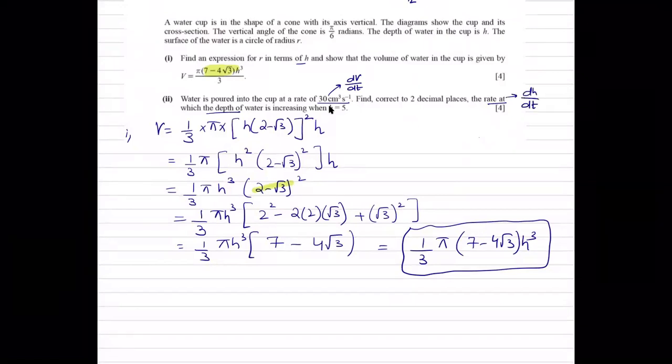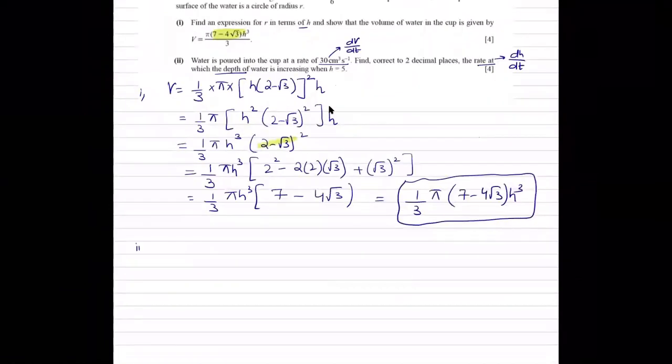So you can think of a rule. To find dh by dt, you must have dh by dv times dv by dt. We do have dv by dt, but to find dh by dv, I'll have to differentiate this first. So V is equal to 1 upon 3 pi times 7 minus 4 root 3 times h cube.